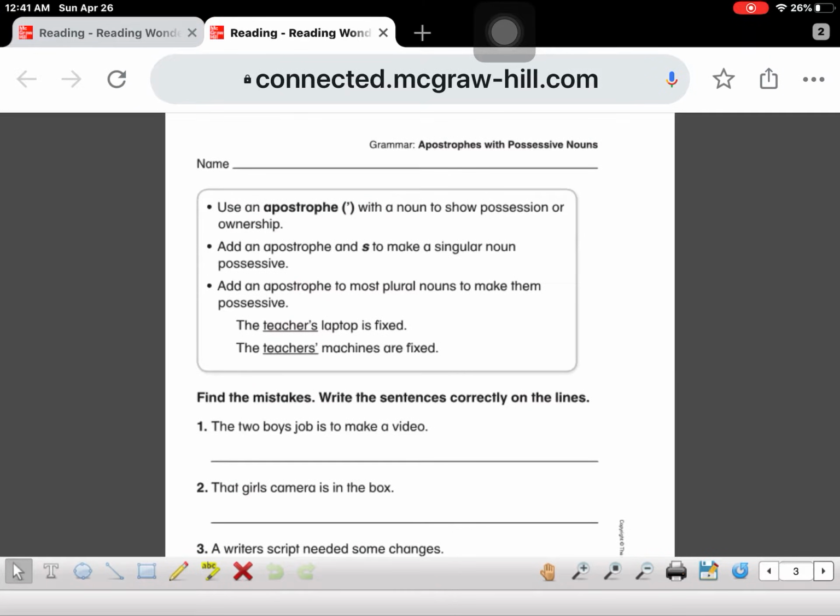So if you look, machines has an S at the end. We've made that word plural. So there is more than one machine.